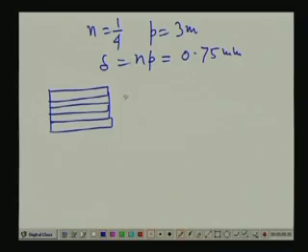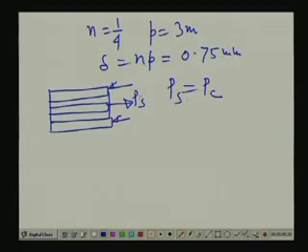The compression in the copper sleeve is equal to the tensile pull in the steel bolt. So, Ps is equal to Pc. This is the equilibrium criterion, and the compatibility gives that the deformation is the same.